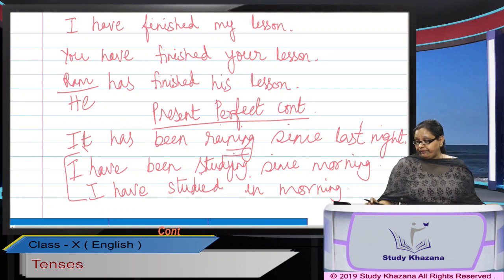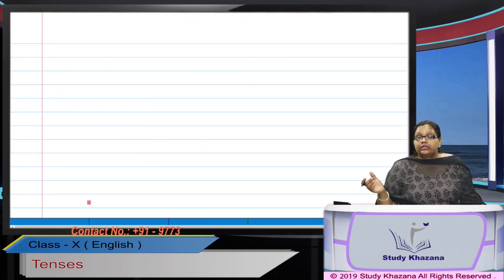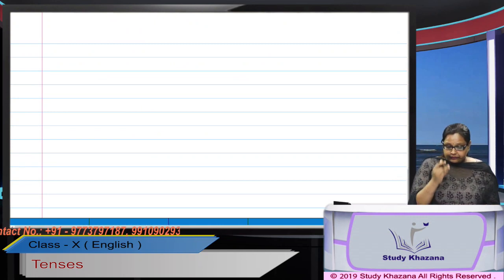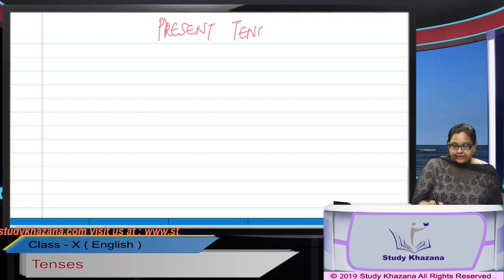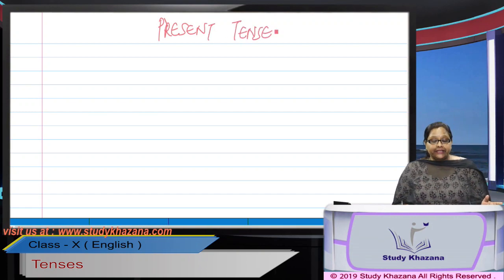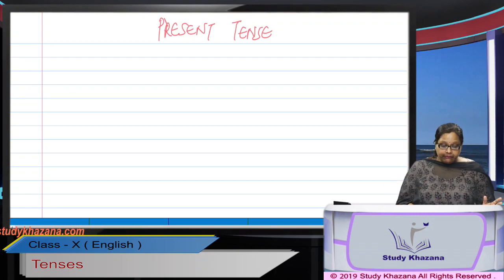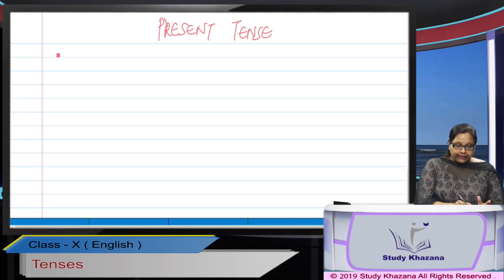Okay, now let's summarize the present form. Present tense simply refers to something that is happening, but here also we have four parts.